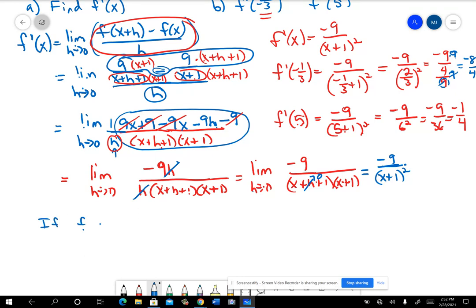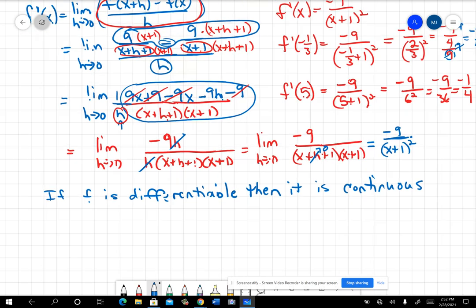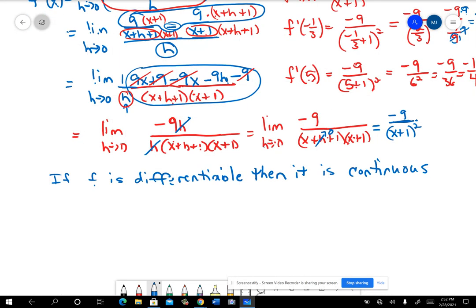If f is differentiable, then it is continuous. In other words, if you already know that a function is differentiable, then you know it is continuous. Okay?